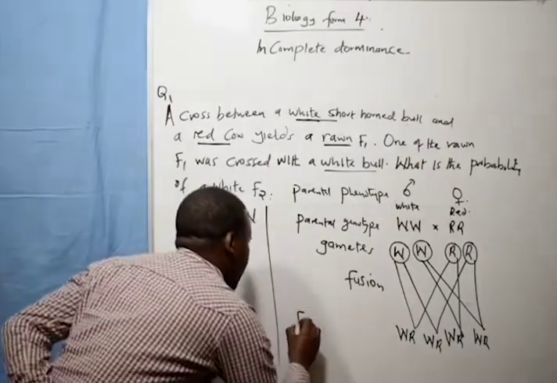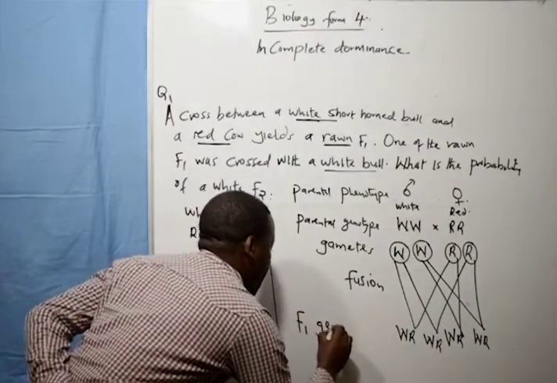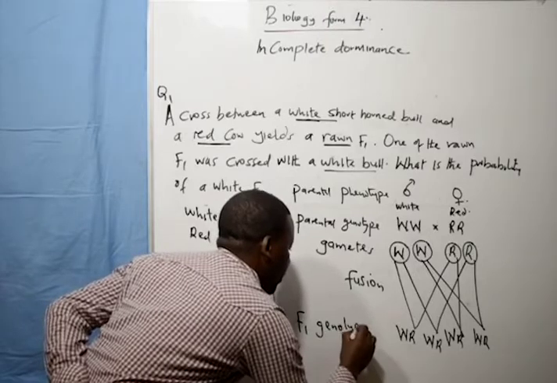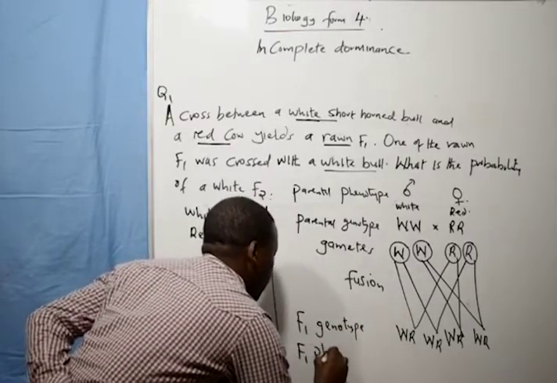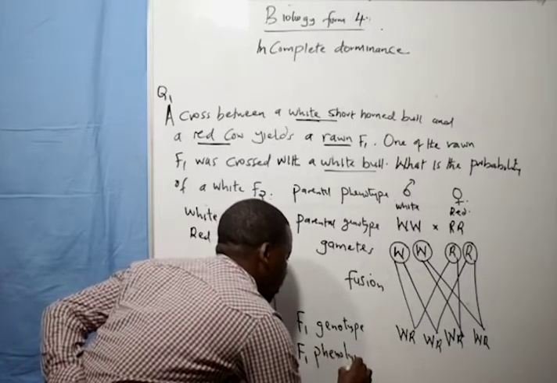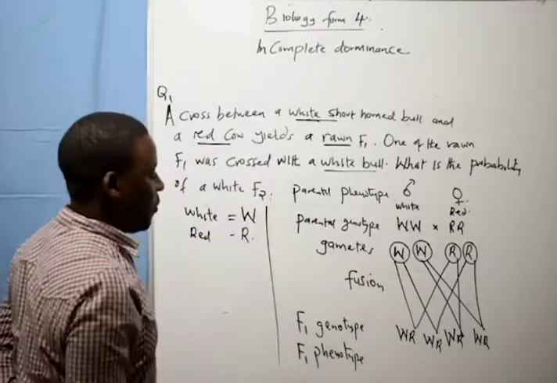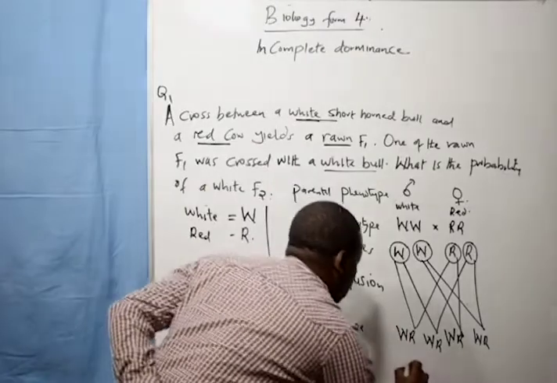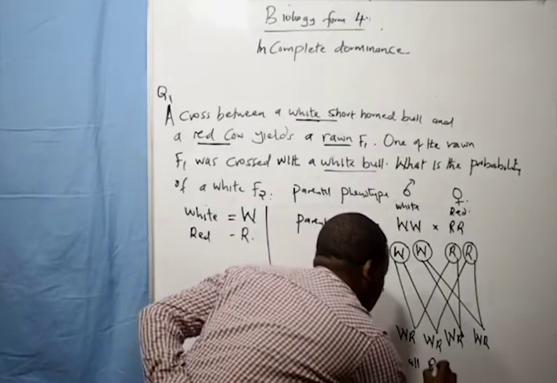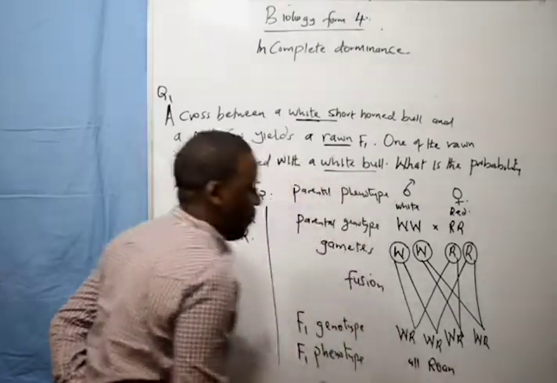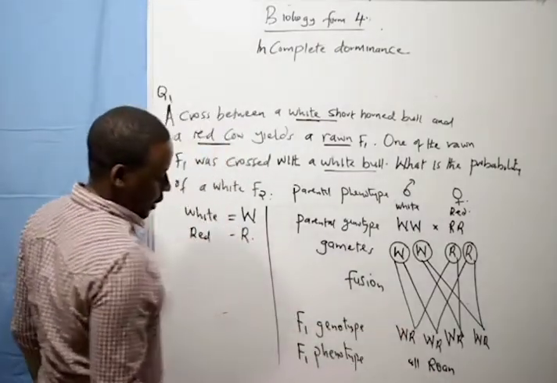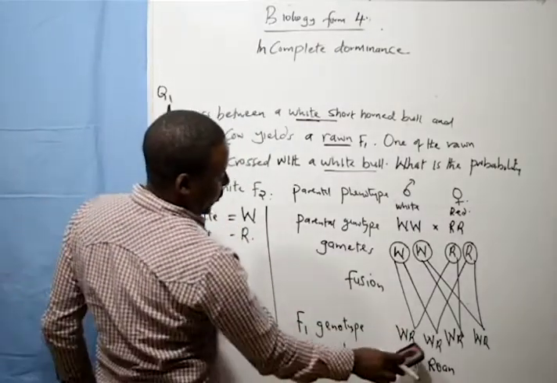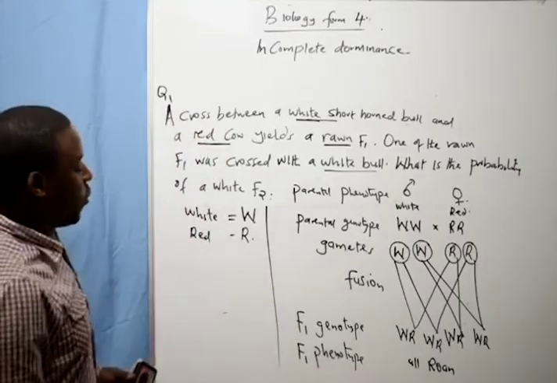Then this is the F1 genotype, then the F1 phenotype. All of them are roan, because they have the gene for white and the gene for red, and the two genes are codominant.